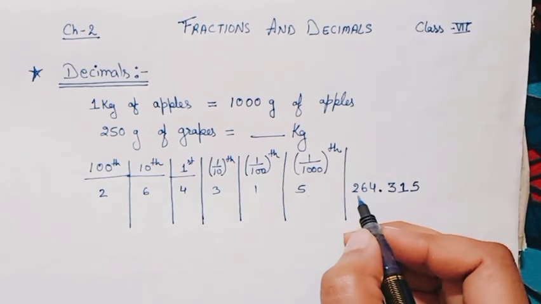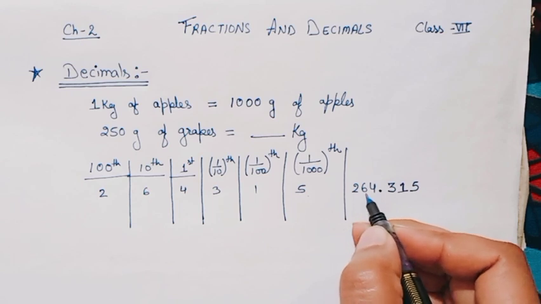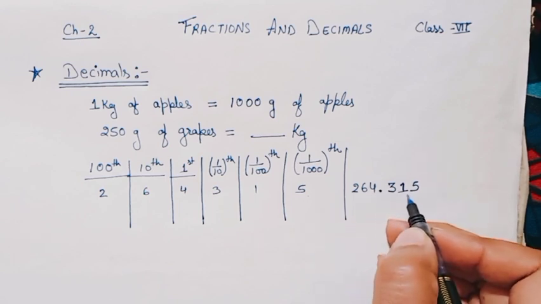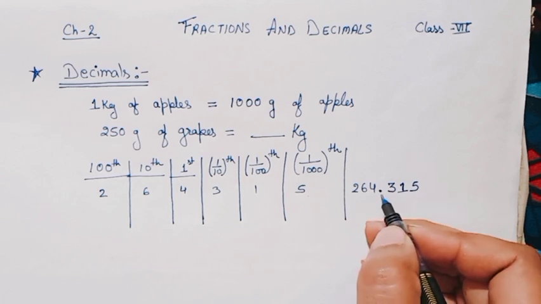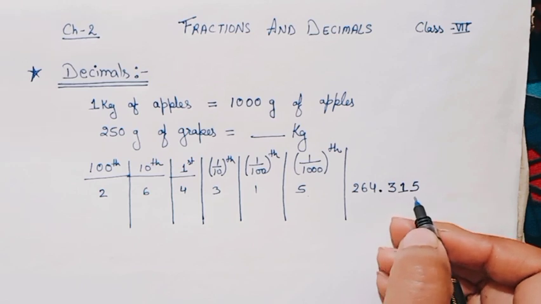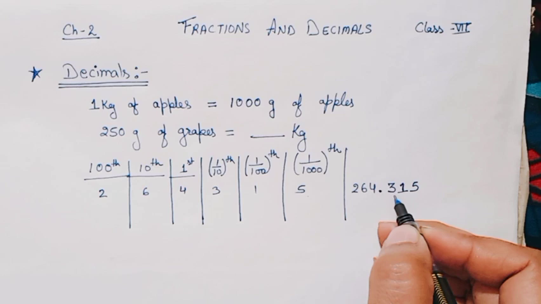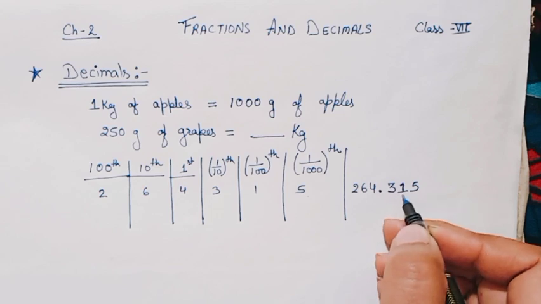So the whole number can be read as 264.315. One thing you have to remember: after the decimal we will not read any of the numbers in terms of 100 or 1000 or anything else, because that is not the 100 place. It is simply the 1 by 100th place.